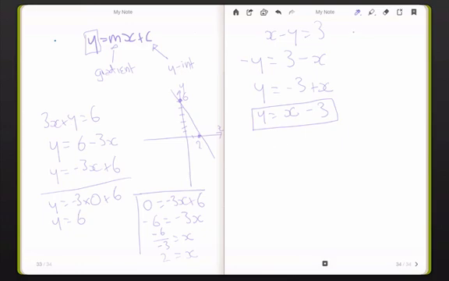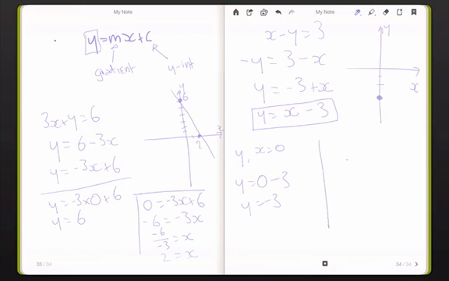So let's draw our little axes here, y and x. To find our y-intercept, we're going to make x equals 0. So we've got y equals 0 take 3, so y equals negative 3. So let's go down 1, 2, 3. Negative 3.